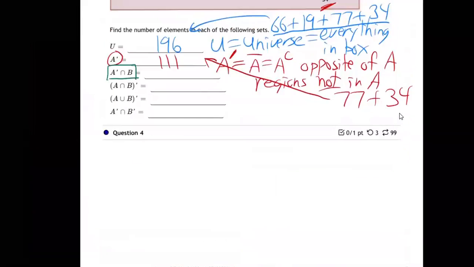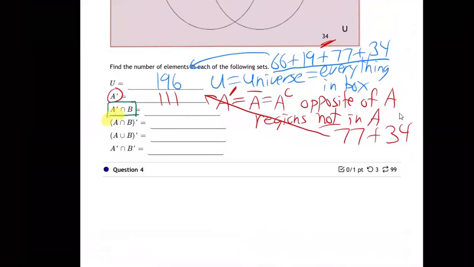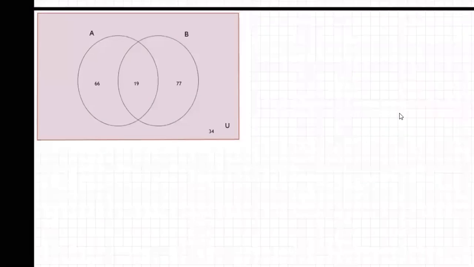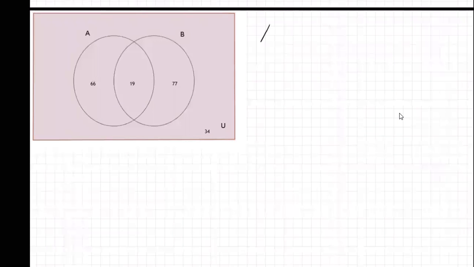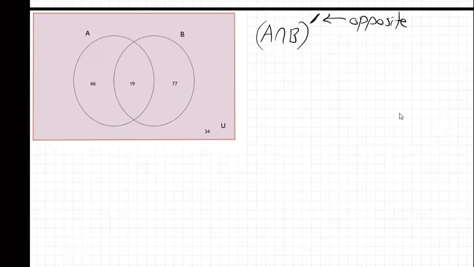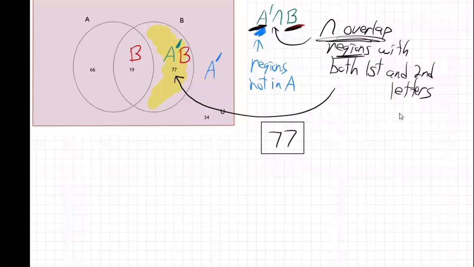All right, on we go to the next one, which is A overlap B complement on the outside. So let's do that right here. Notice this is different because we have the complement, the opposite, on the outside. So it's not the opposite of just one letter. This last one was the opposite of just the A, wasn't it?